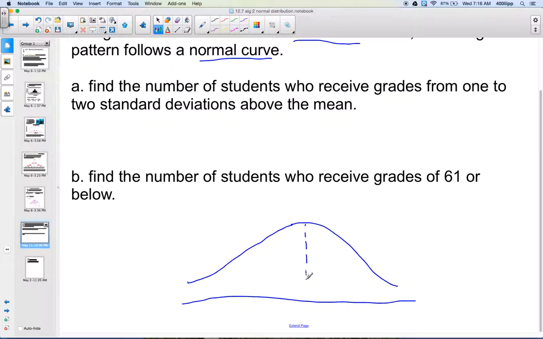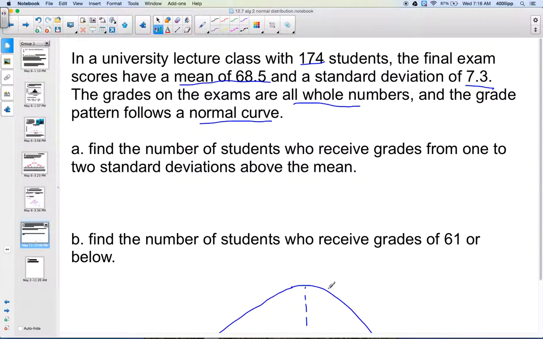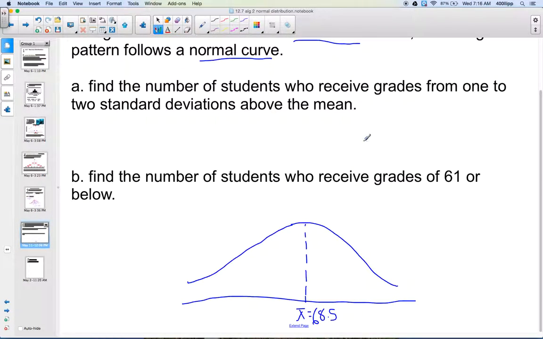Here's our mean, X bar, which is 68.5. Going up 7.3 is +1 standard deviation, so we'll be at 75.8. Add another 7.3 and we'll be at 83.1.